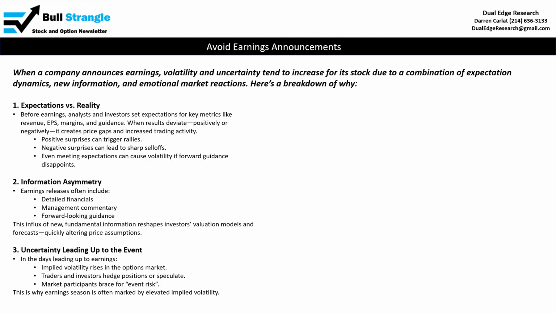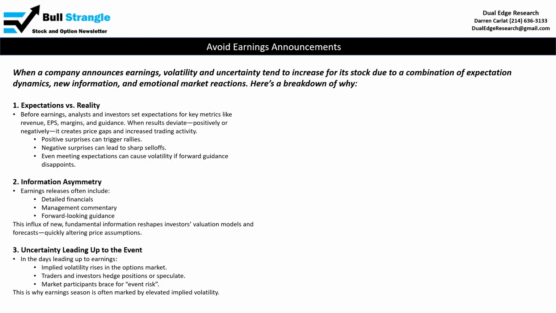The second thing is around information asymmetry. Earnings releases often include detailed financials, management commentary, and forward-looking guidance. This influx of fundamental information reshapes investor valuation models, and forecasts quickly alter price assumptions.